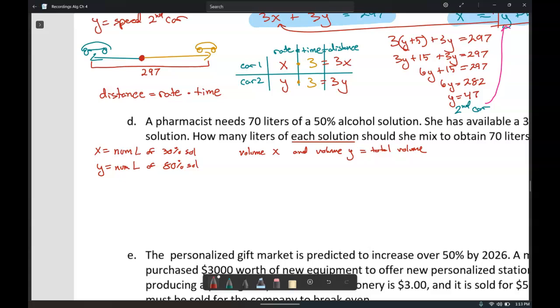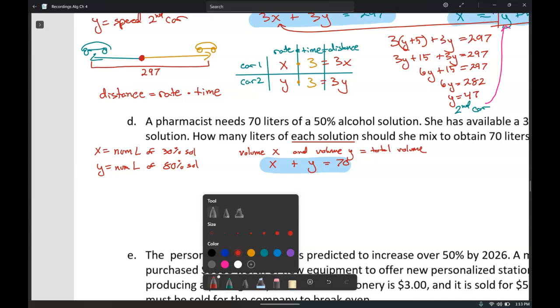So for example, if we mix together 5 liters of solution X and 7 liters of solution Y, well, we would end up with a total volume of 12 liters. And so that's just a simple addition of however many liters of X plus however many liters of Y. We need to end up with 70 liters total. That's our total volume. So there's our first equation.